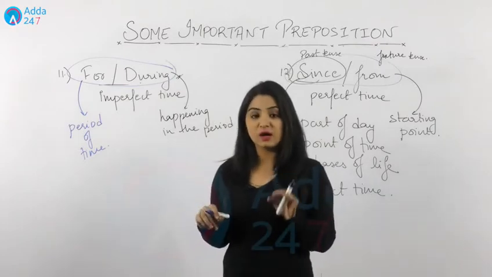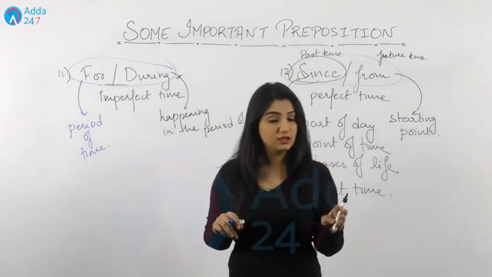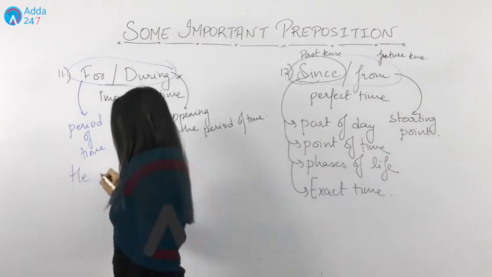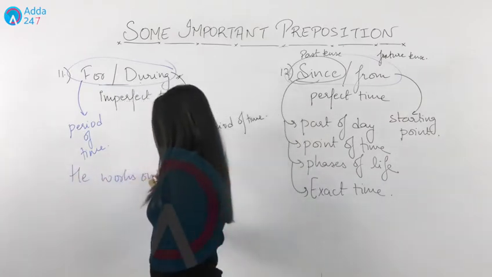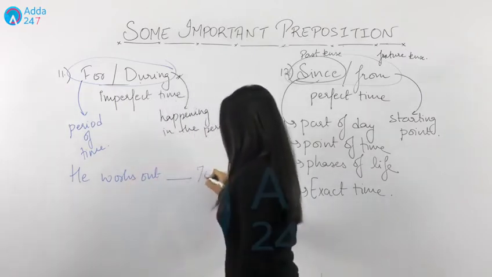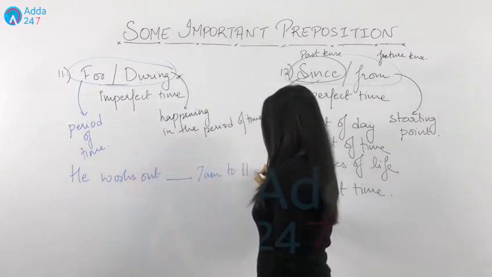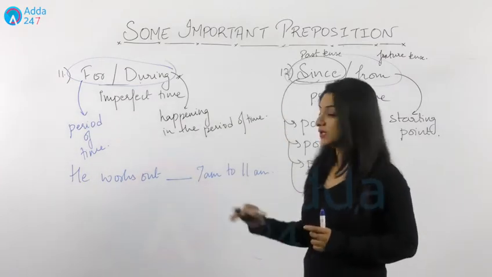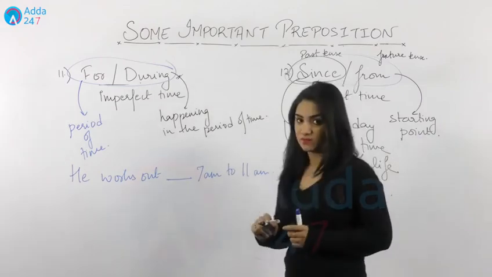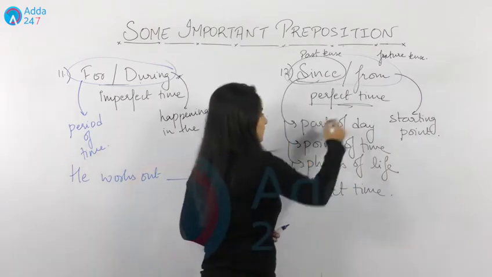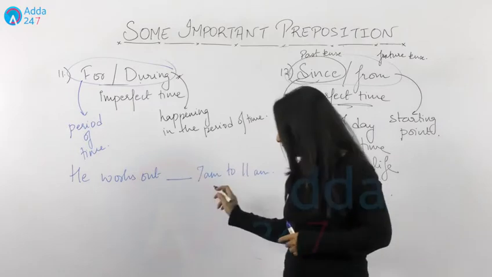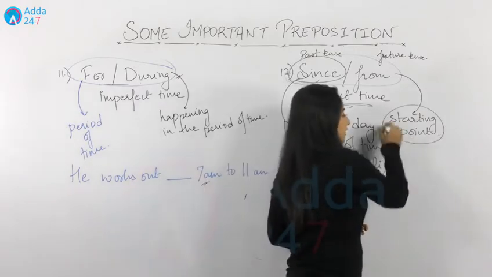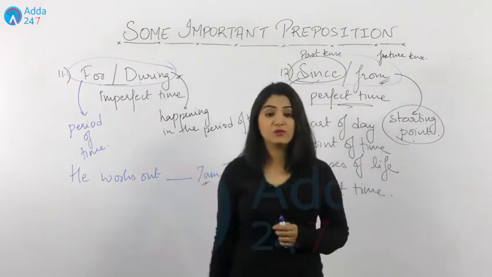If I say someone works out from 7 to 11, what does it mean? He works out dash 7 a.m. to 11 a.m. Now here you have a perfect time mentioned, 7 a.m. to 11 a.m. That means perfect time is there, isn't it? And you have the starting point of something till the end point, and we use what?